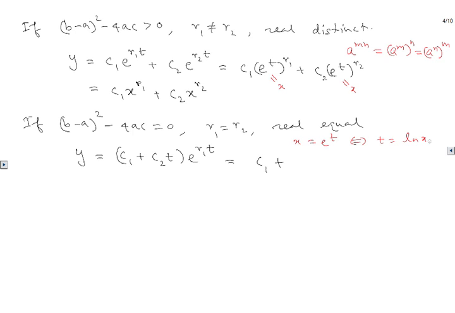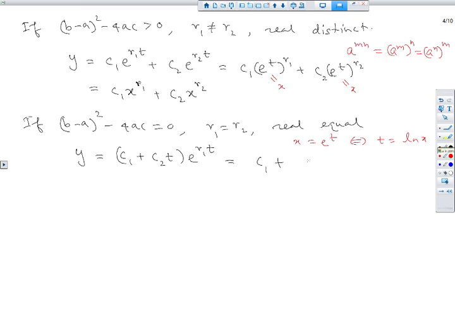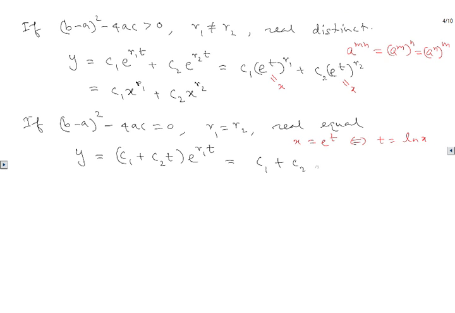So we replace all the t's by ln x and e to the t by x. Then c2 t becomes c2 ln x, times x to the r1, exactly the same thing that we did before. You can write it like this, or split it and write two solutions, but that's what the general solution looks like.